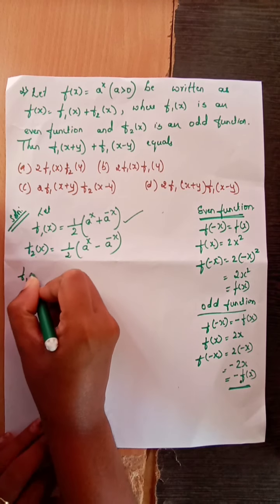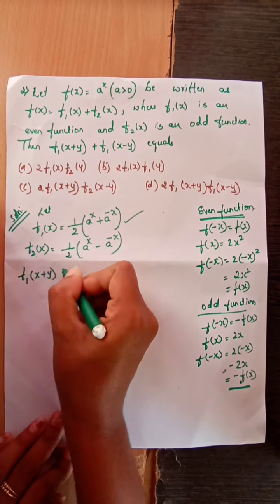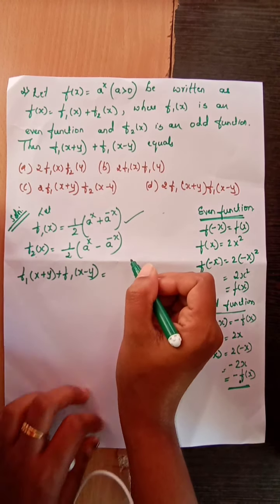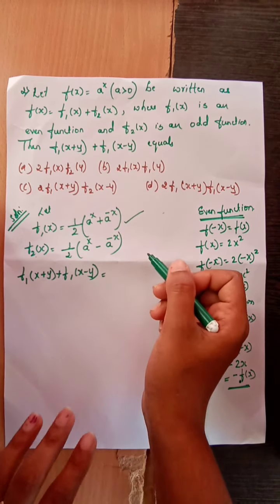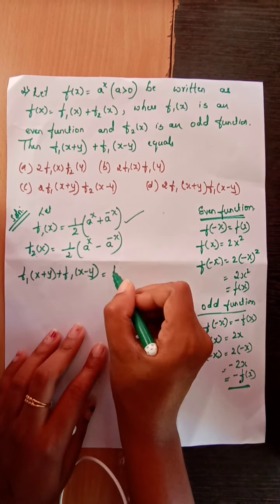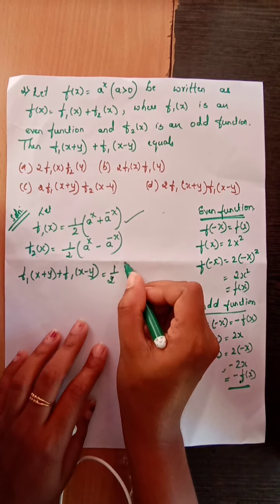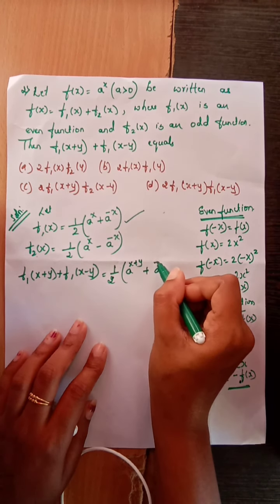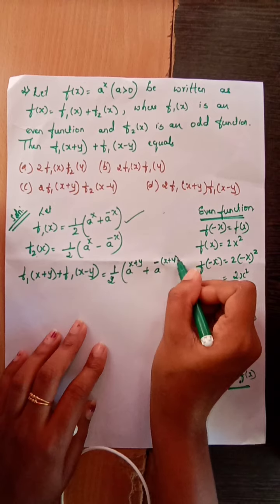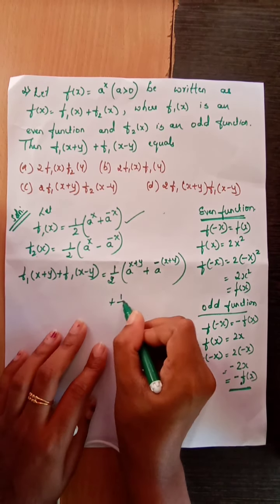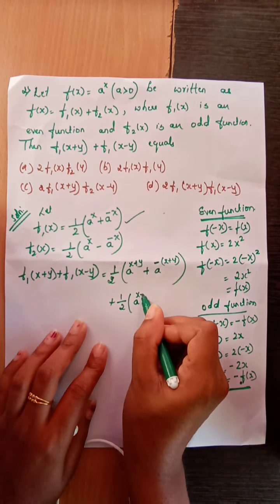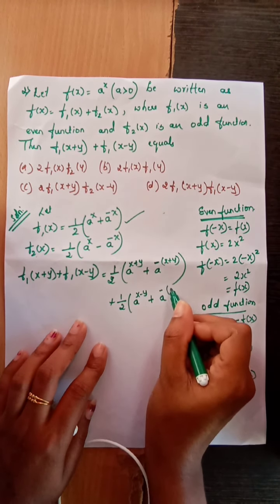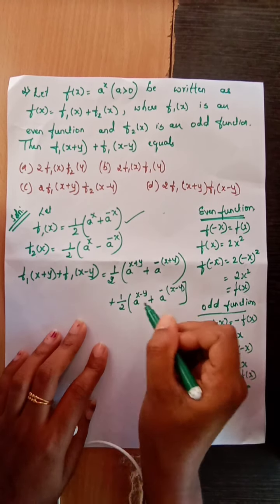So now what we have to find? We have to find f1 of x plus y plus f1 of x minus y. So f1 of x plus y will be half of a power x plus y plus a power minus of x plus y, plus half of a power x minus y plus a power minus of x minus y.